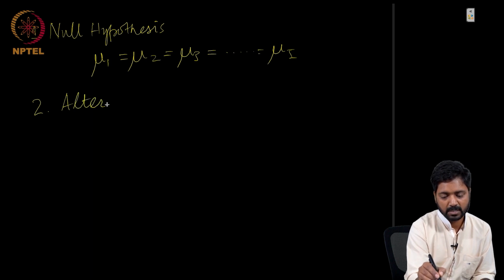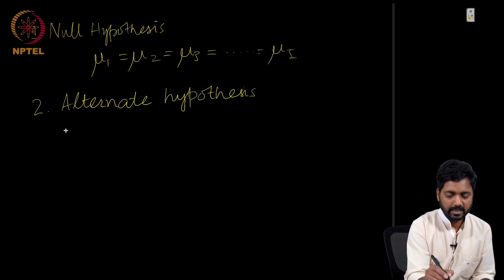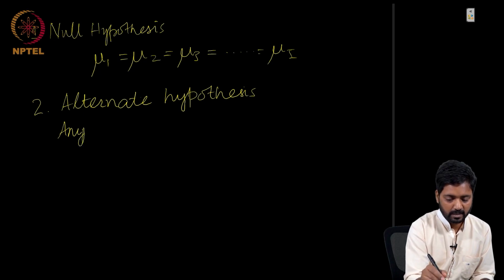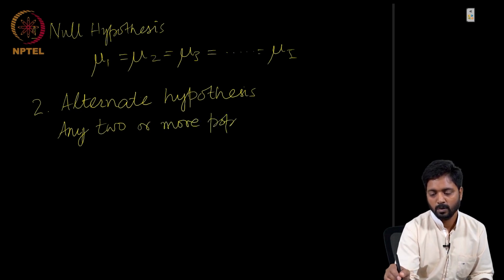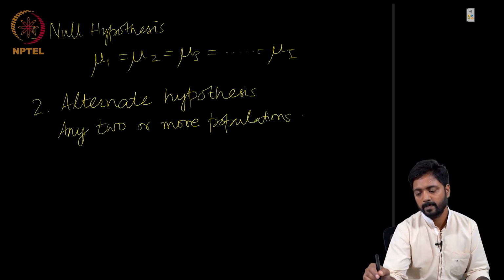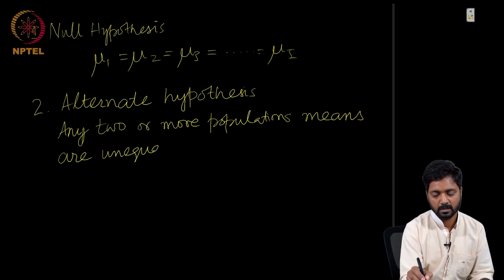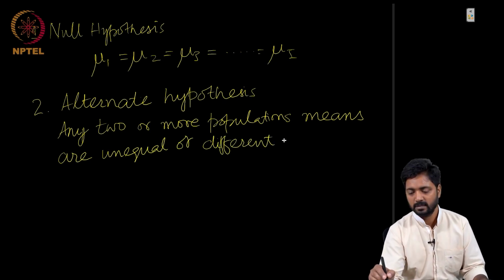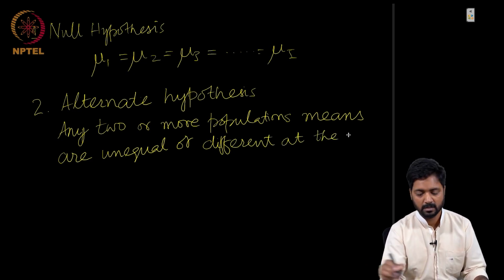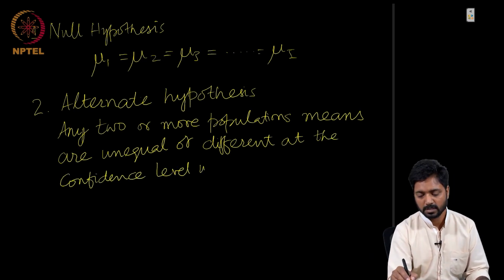So, the alternate hypothesis here is that any two or more population means are unequal or different at the confidence level under consideration.